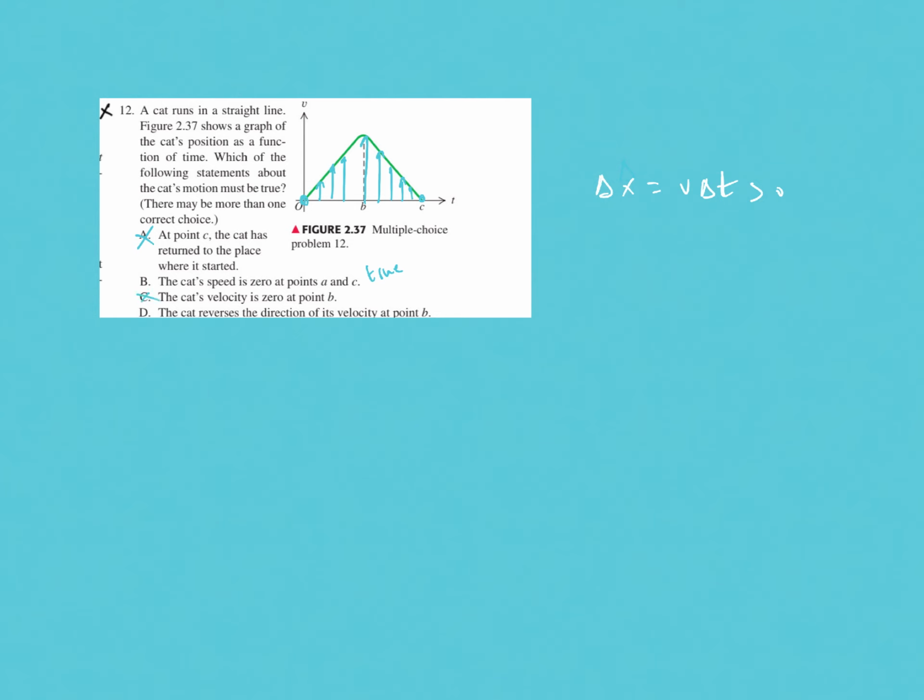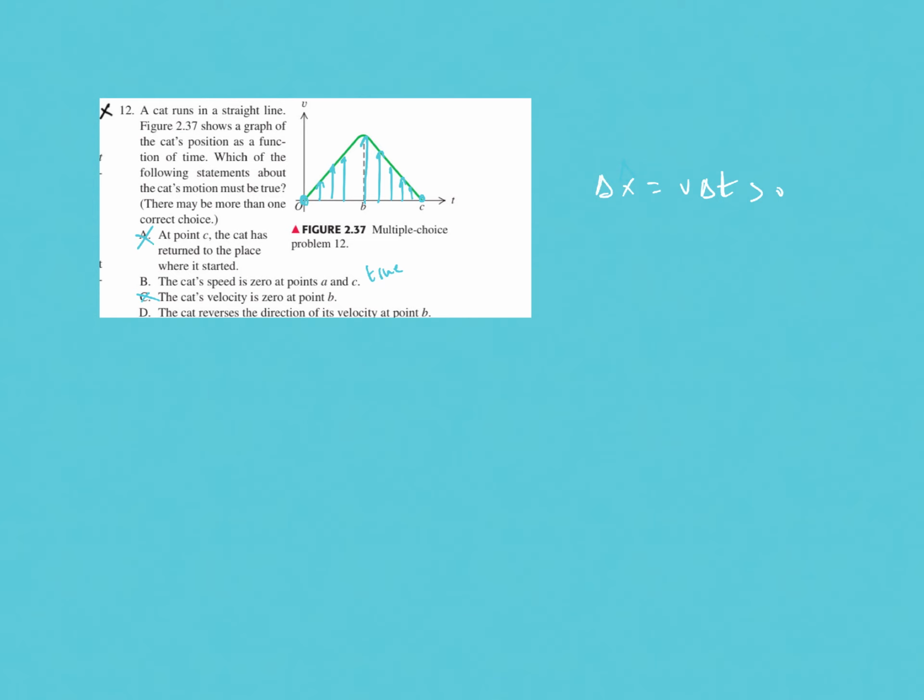And D: the cat reversed the direction of its velocity at point B. No, it's not true. The cat is going with this velocity, maybe 10 meters per second, 20, 30, 50 meters per second, and now 40 meters per second, but he's always advancing in the direction that we agree he's moving.